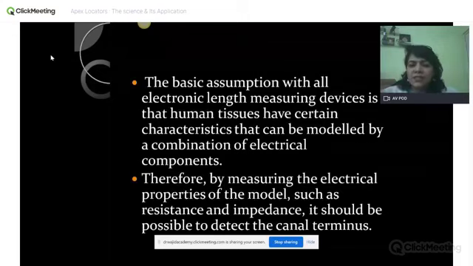So putting all these things together and understanding the basics of electrical circuit, the basic assumption with all the electronic length measuring devices is that human tissue have certain characteristics that can be modeled by a combination of these electrical components. Therefore, by measuring the electrical properties of the model, such as resistance, impedance, it could be possible to detect the canal terminus.